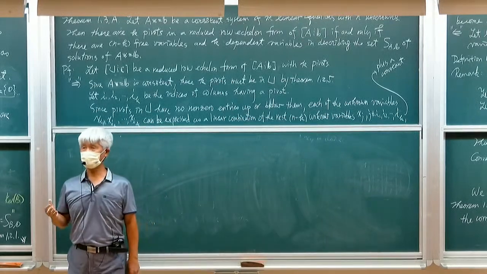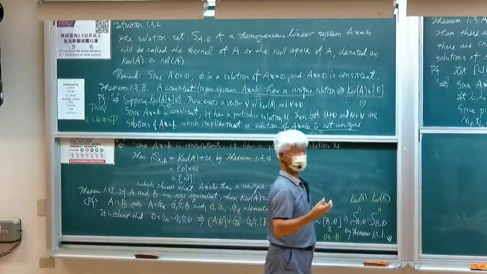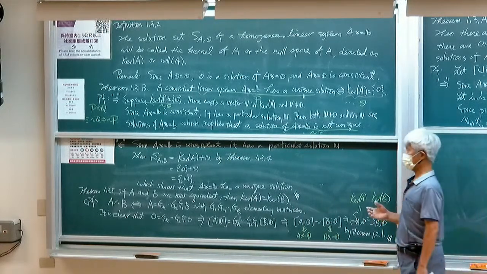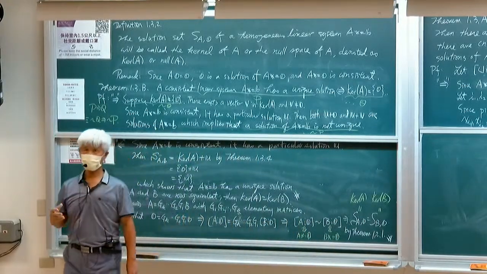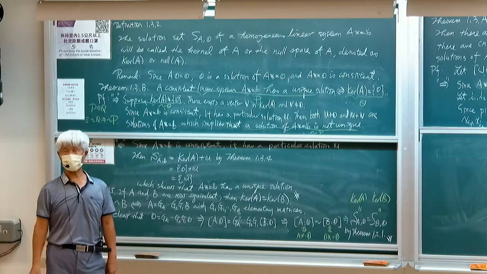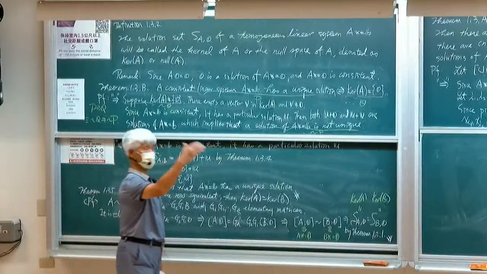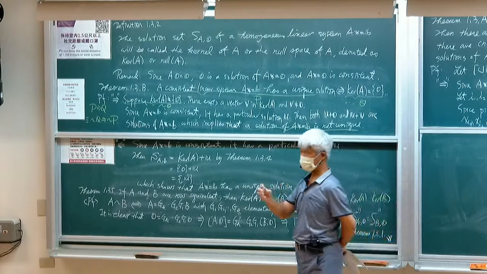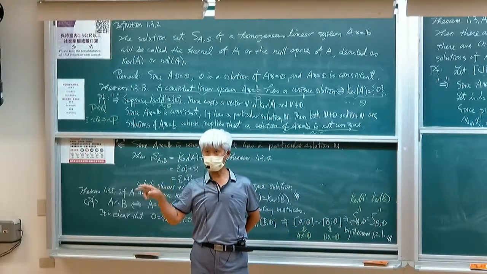As we know, given a matrix, we can use elementary row operations. Basically, we can apply the Gauss-Jordan elimination procedure so that we end up with a matrix in reduced row echelon form. So starting from an arbitrary matrix, by using elementary row operations, we can end up with a matrix in reduced row echelon form.